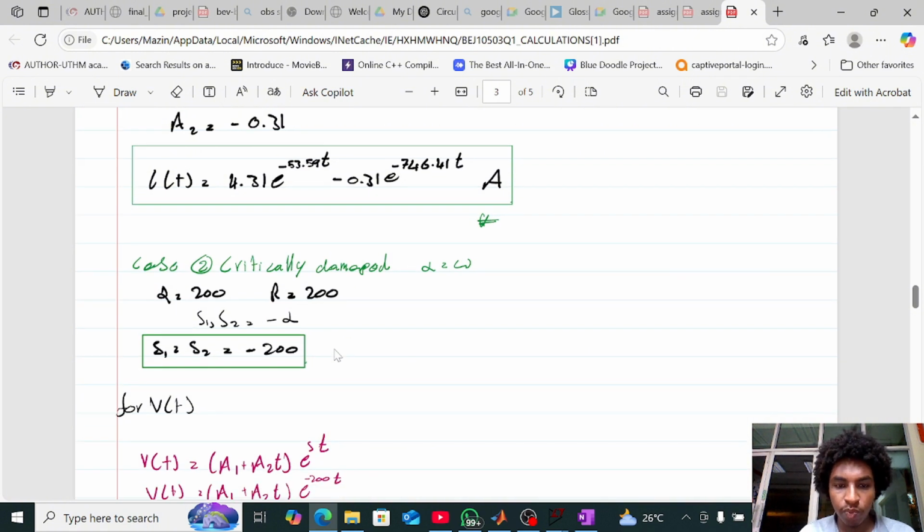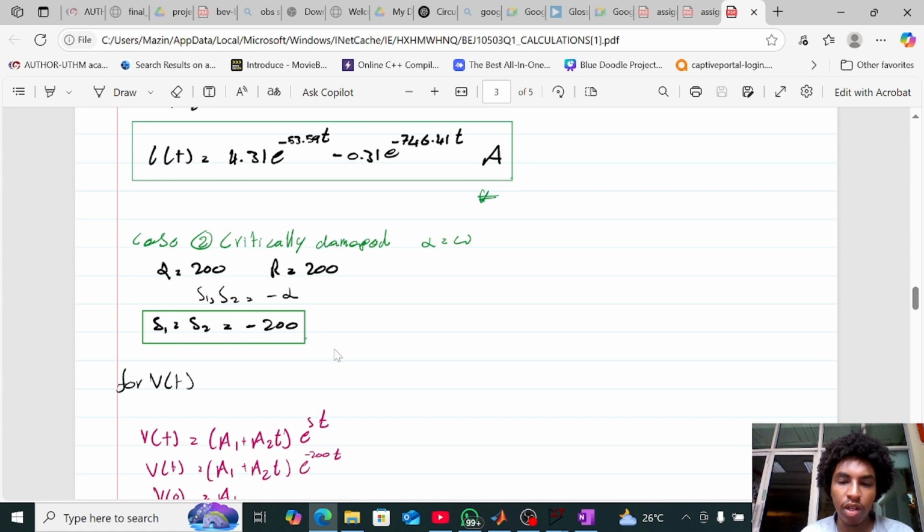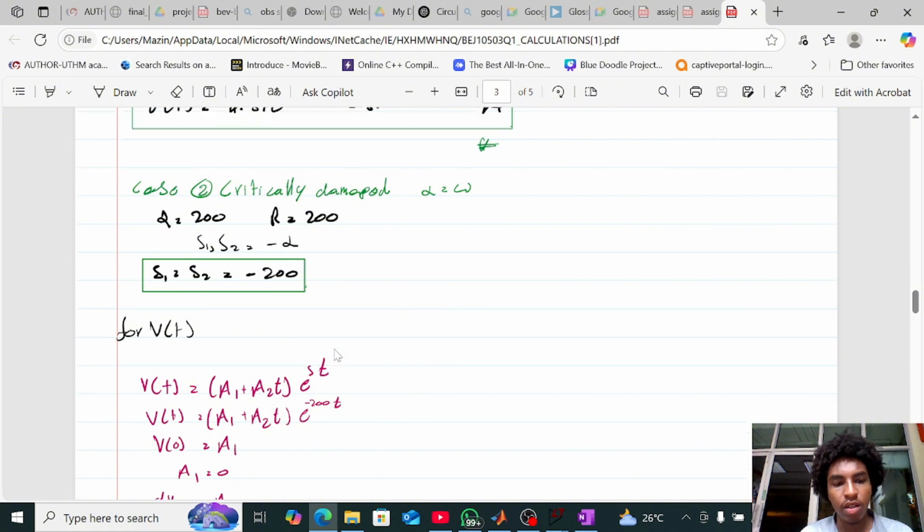So for case 2, which is the critically damped, omega should equal alpha. So we set R as 200 ohms, so omega will be equal to alpha, which is equal to 200.